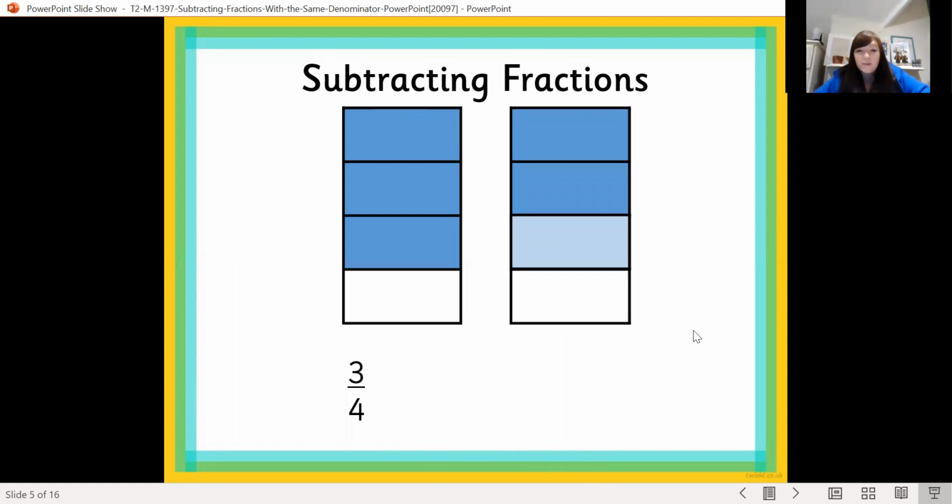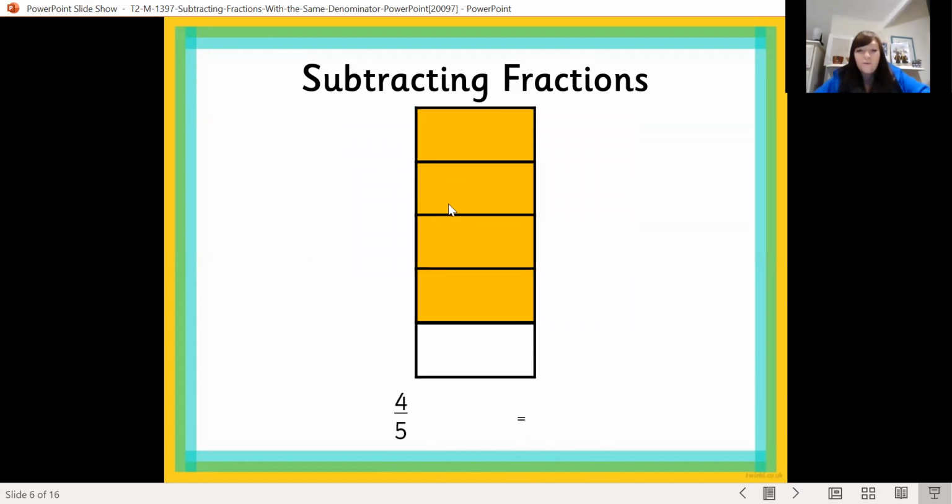Here we can use fraction bars. So they've shaded in 3 of the 4 equal parts. And we are taking away 1 of the equal parts here. And you are left with 2 of the 4 equal parts, or 1/2.